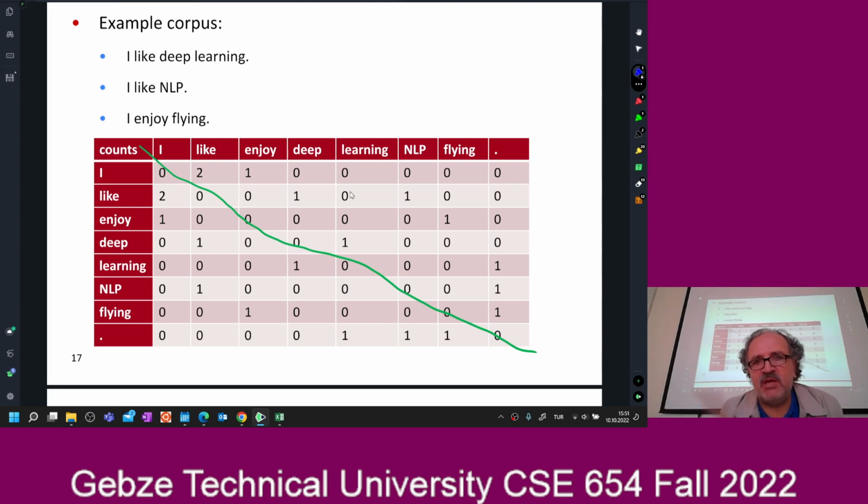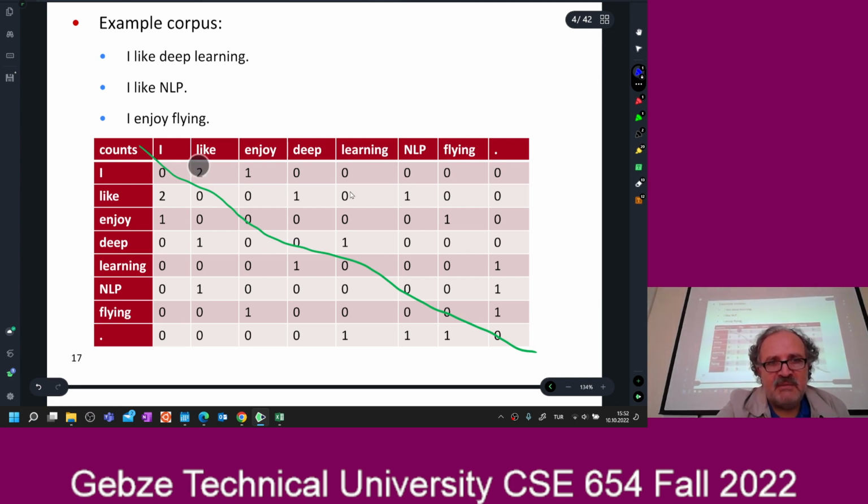So I am just looking at the left or right neighbor word. So I happened 3 times, and these are the neighbors: 2 times like, 1 time enjoy. Like happened 2 times. It has 4 neighbors: 2 I's, 1 deep, 1 NLP.